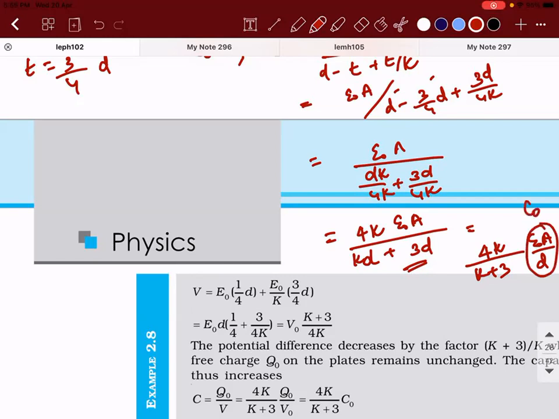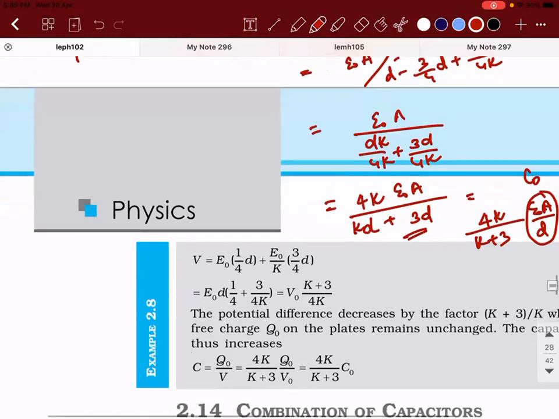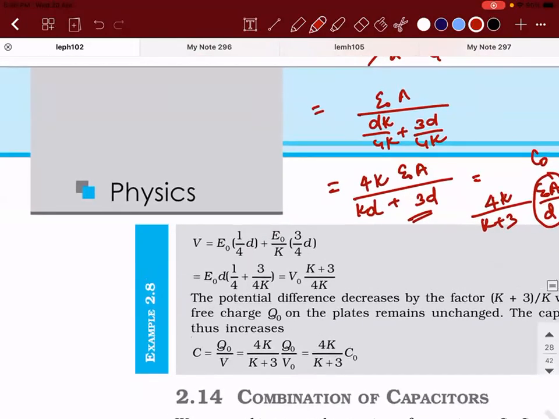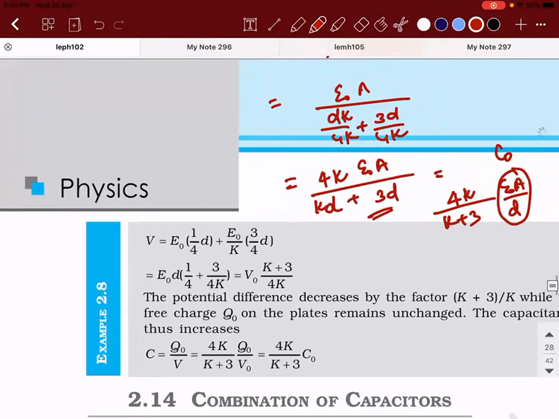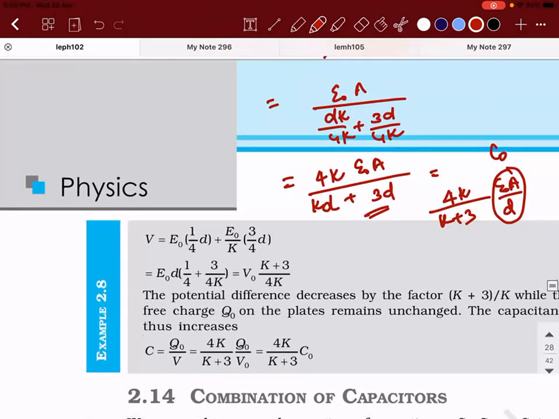That is C naught. So how is the capacitance going to change? It will increase by a factor of 4 kappa divided by kappa plus 3. That's the answer.